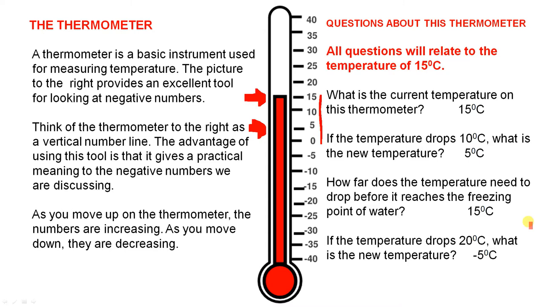If the temperature drops 20 degrees Celsius, what is the new temperature? So we've seen that from 15 to 0, that's 15 degrees. And if it drops another 5, that's 20 degrees altogether. And that takes it down to minus 5 degrees Celsius.